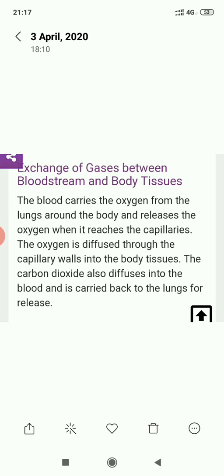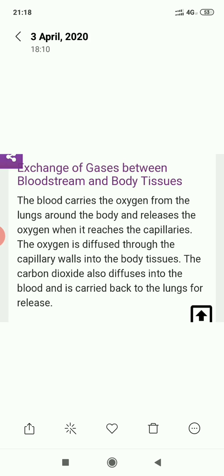This oxygen diffuses through the capillary walls into the body tissues, and in the same way, as the oxygen is inhaled, the carbon dioxide has to be exhaled. So the carbon dioxide also diffuses into the blood, and it will be carried from the body organs to the lungs for release.